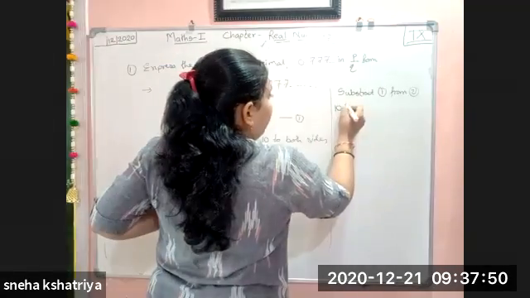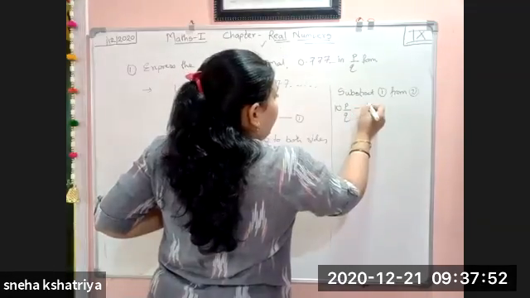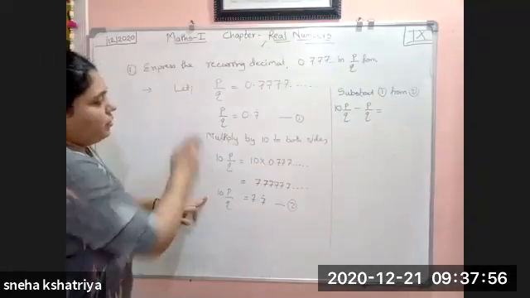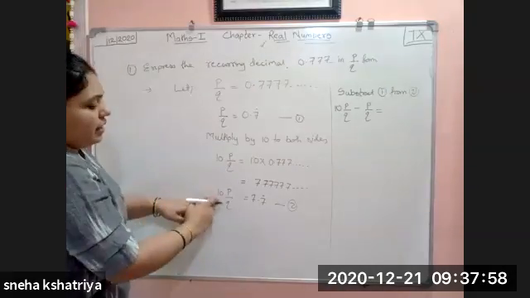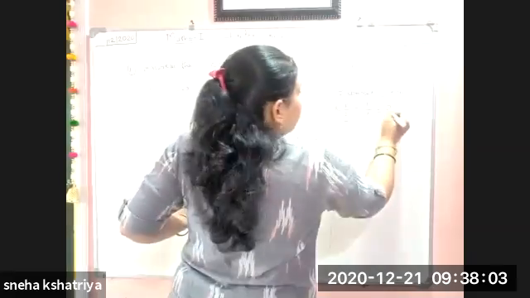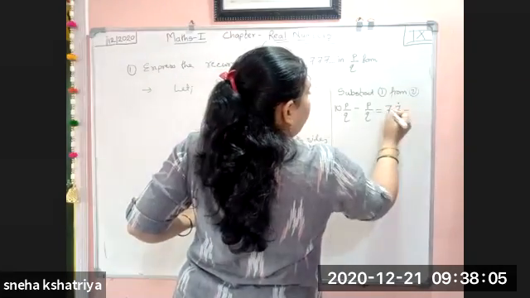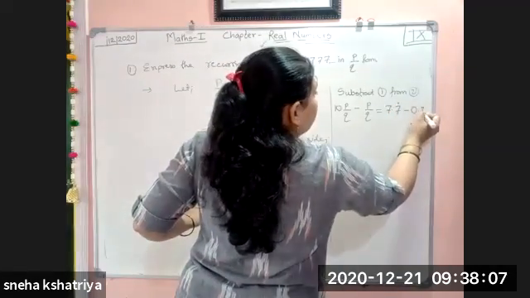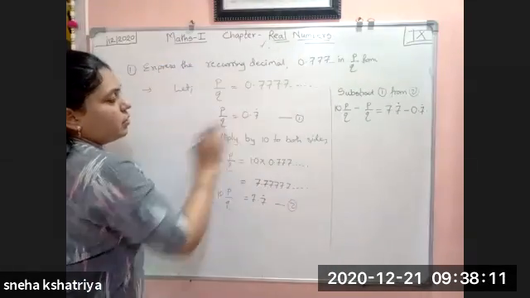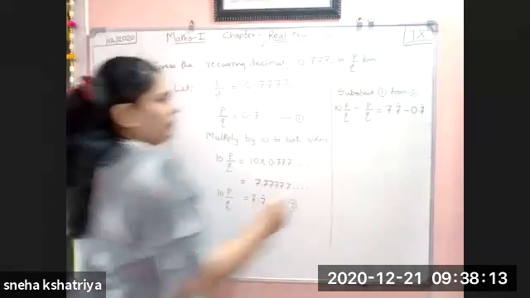See here, 10 P upon Q minus P upon Q, left hand side minus left hand side, which is equal to 7.7 dot minus 0.7 dot. There is a dot above the 7.